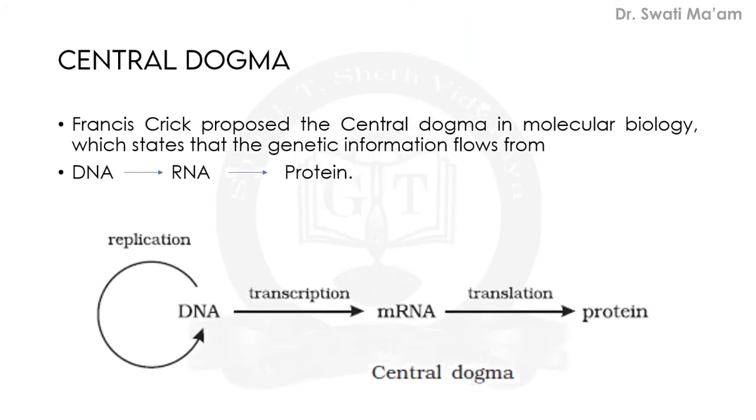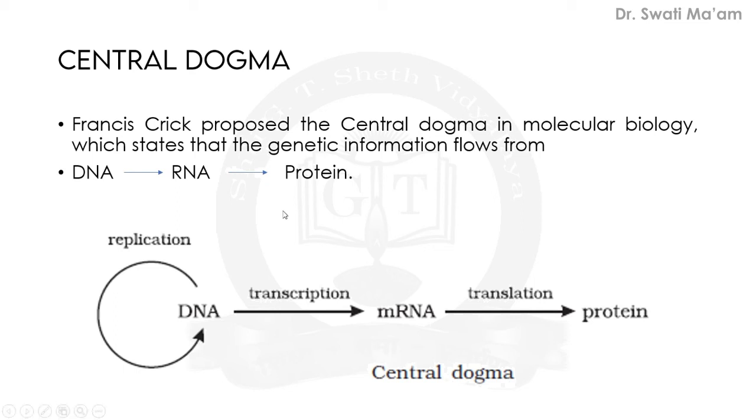Now let us see another concept, which is regarding the central dogma. It is a very small topic, and here we will see that the proposition of the double helix structure for DNA and its simplicity in explaining the genetic implication became revolutionary. Why? Because Francis Crick proposed the central dogma in molecular biology.